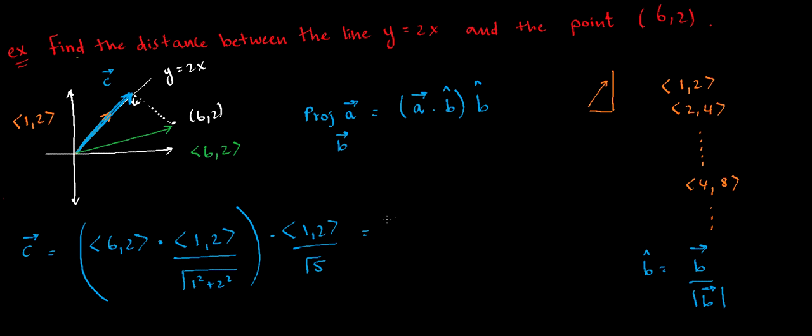So let me simplify this. If I take the square root 5 outside, I get 6, 2 dotted with 1, 2 multiplied by 1, 2, and square root 5 times square root 5 will give me 5.